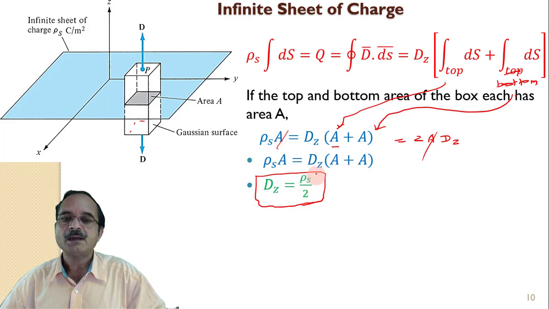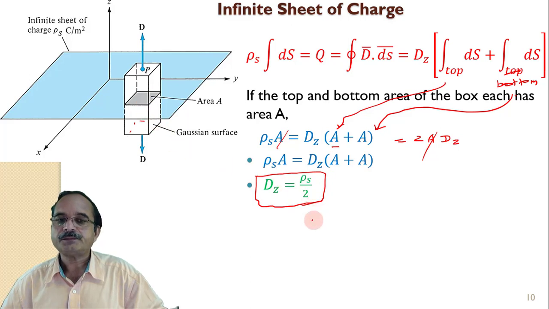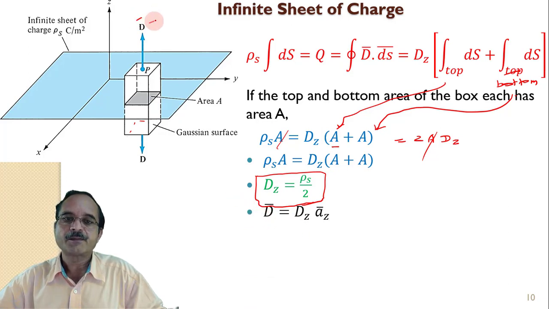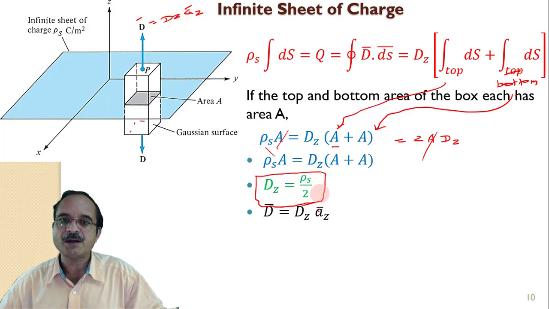Rho s is the surface charge density. One point to note here is that it is independent of the area. So Dz is the magnitude, and D is nothing but Dz az, where the magnitude of Dz is rho s by 2.